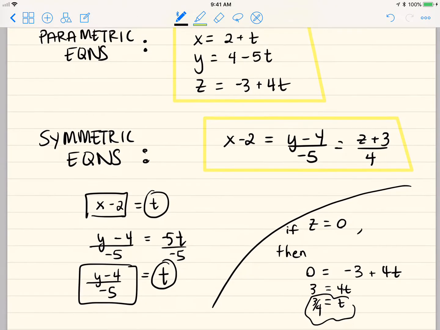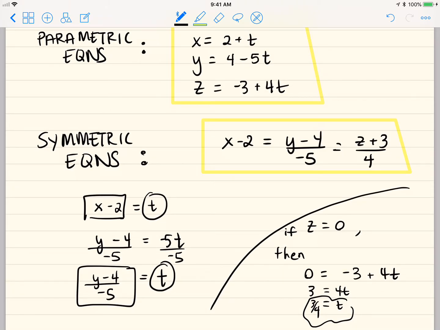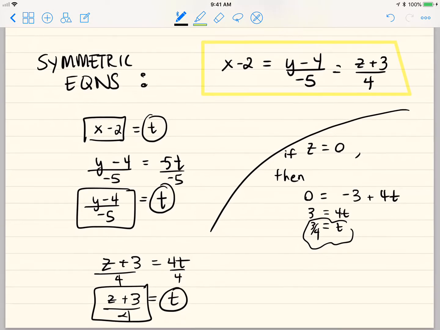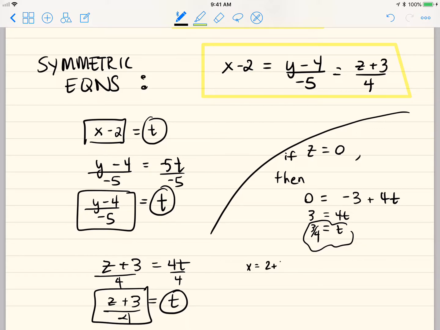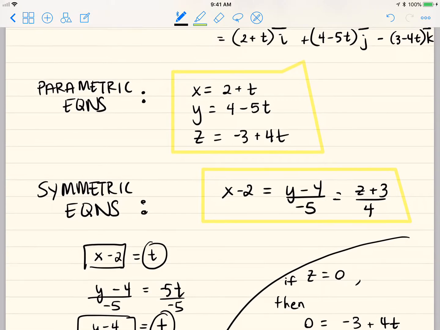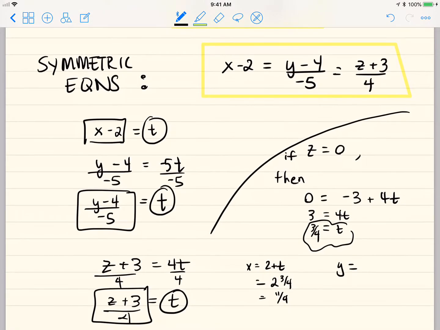So now let me put that back in and determine x and determine y. So x is supposed to be 2 plus t. Okay, but now t is 3/4. So that'll be 2 and 3/4, which is 11 over 4. And then y is supposed to be equal to 4 minus 5t.